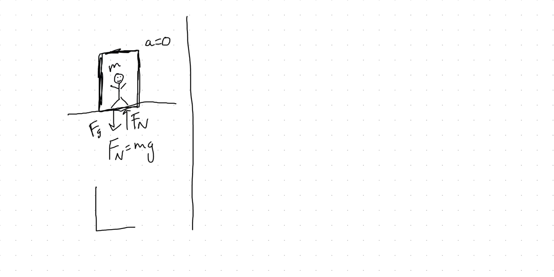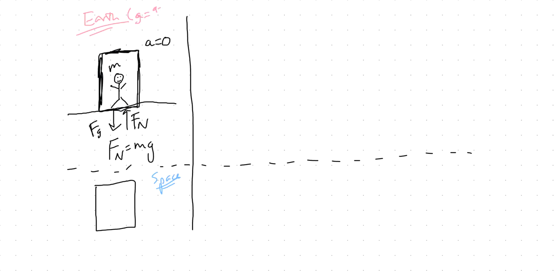So here's going to be the through line here. The top part is going to be on Earth, and down here is going to be in space. On Earth, we're going to assume that the acceleration of gravity exists and is 9.8 meters per second squared.